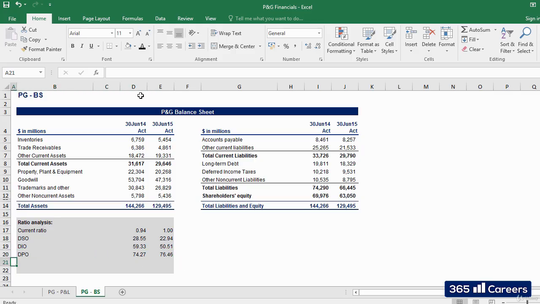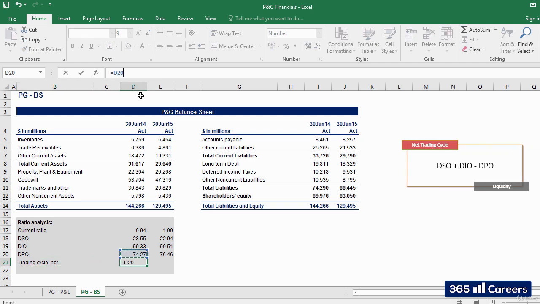Excellent. We can now calculate P&G's net trading cycle, which is equal to DSO plus DIO minus DPO. You shouldn't be surprised that the number became negative in 2015.